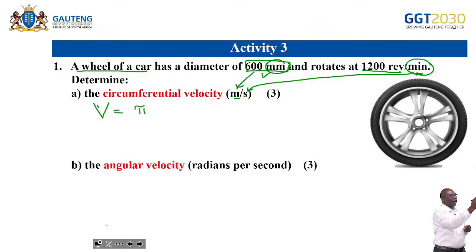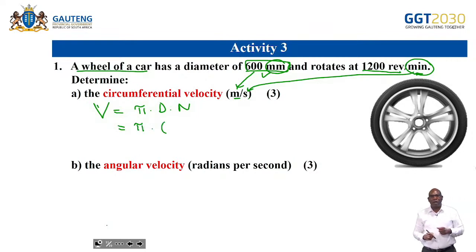Remember the formula is pi times d times n. Now, pi we know, and we need to substitute our diameter. The diameter is 600. What do you think we must do there? We must take the 600 and divide it by 1,000, to go from millimeters to meters.